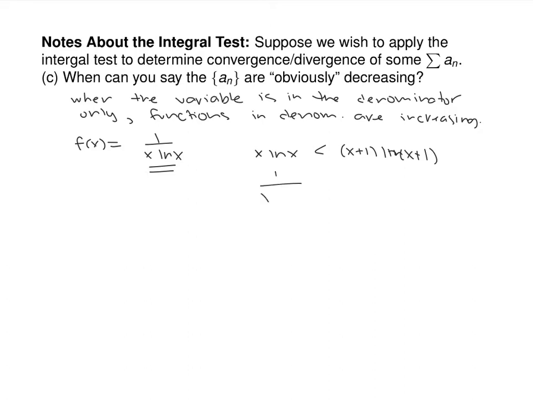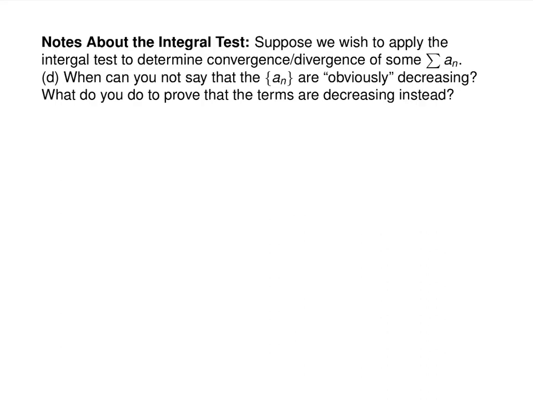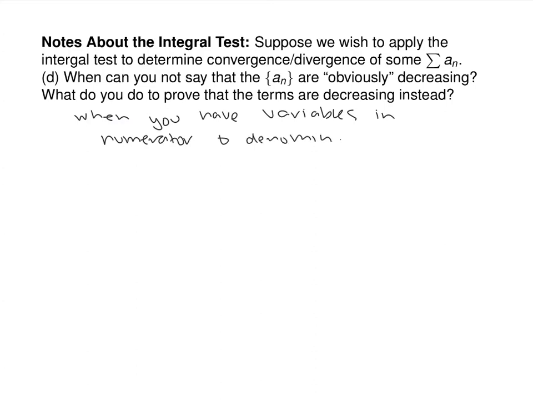And so therefore 1 over x ln x is bigger than 1 over (x+1) ln(x+1). In that case, you can say something is obviously decreasing. You cannot say things are obviously decreasing when you have variables in the numerator and denominator. In this case, you should use a derivative.